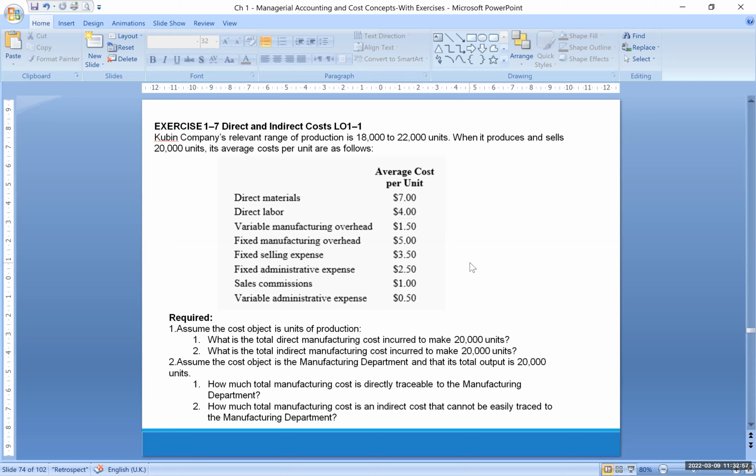So we are talking about all selling and administrative. The answer in a summary, all selling and administrative should be reported as period cost. We are talking about sales commission, administrative expenses, variable and fixed.